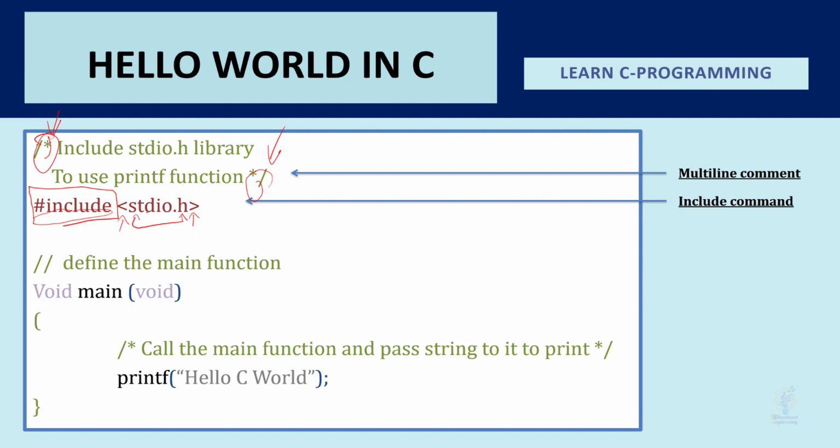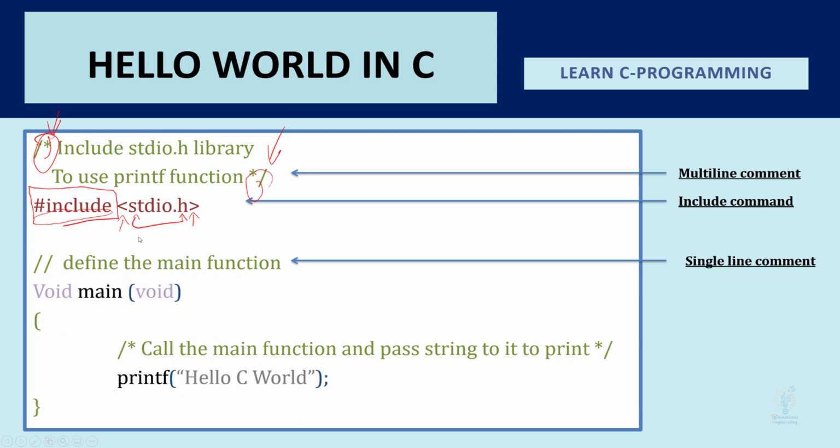Here we are including a file called stdio.h. And we don't want you to understand at this point the meaning of this file. All you need to know is that when you want to include a library or a file, you must use #include, and the name of the file between these two signs.